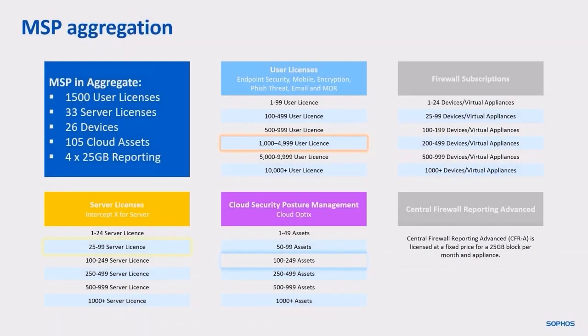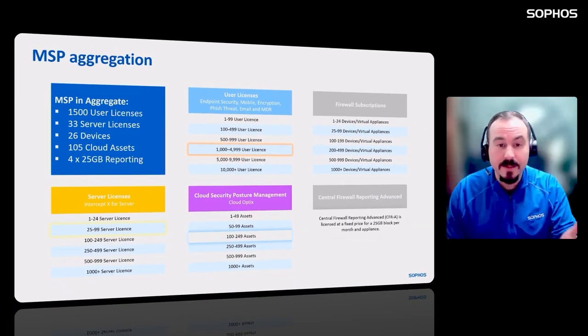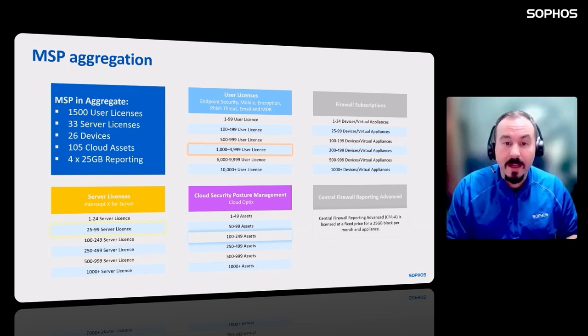With aggregate license calculation, we take your total volume based on the aggregate count across all of your customers, meaning you will never have different customers paying different prices for the same license. We take the total count. That's how we determine your price band. We call these different levels bands, and that's how we determine what the invoice is going to be.